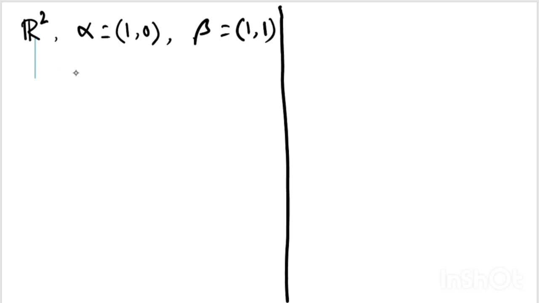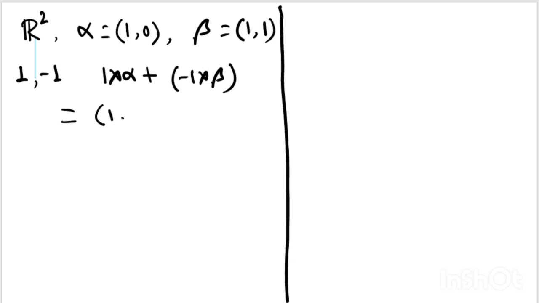Then randomly I am taking two scalars. Suppose here I am taking 1 and -1. Then I am multiplying the first scalar with the first vector and the second scalar with the second vector. So 1 into alpha plus -1 into beta.